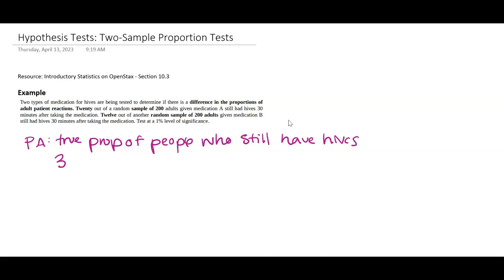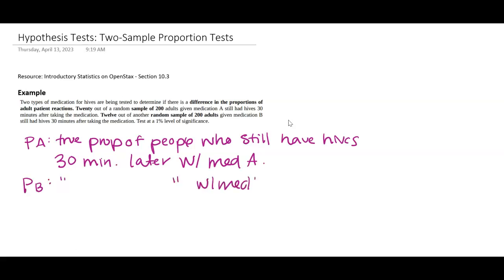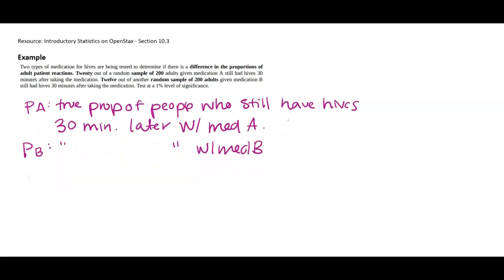So A is going to be the true proportion of people who still have hives 30 minutes later with medication A, and B is going to be all of this with medication B. And these are two different samples.